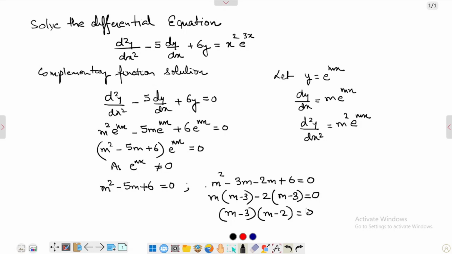So what are the roots of the equation? Now I will go to the next page and find out the roots. So m equals 2 and m equals 3.